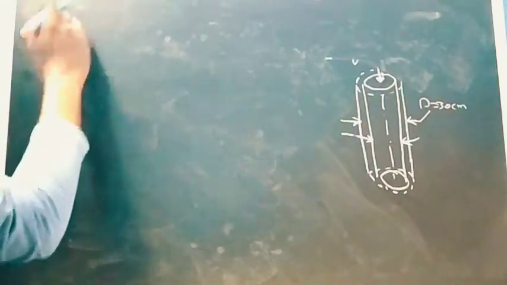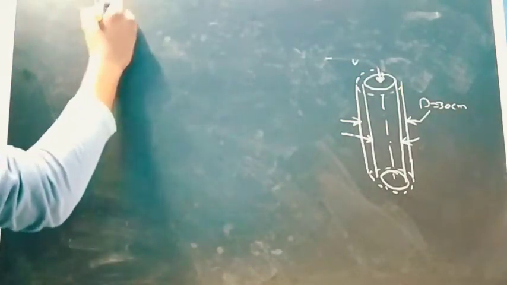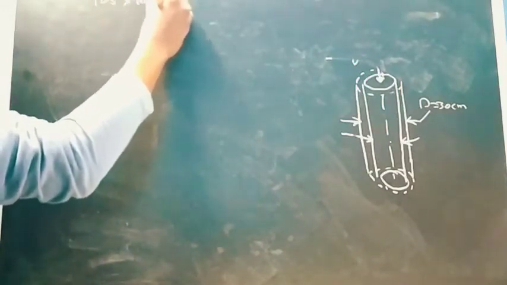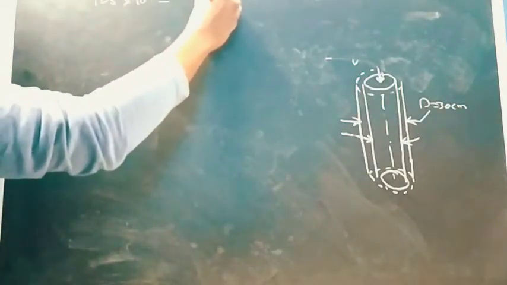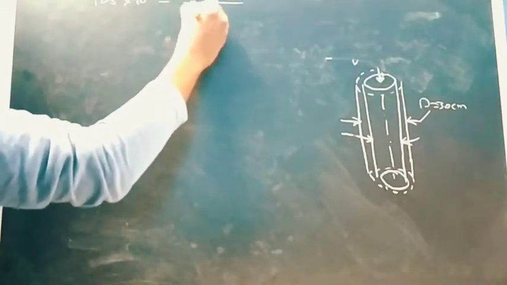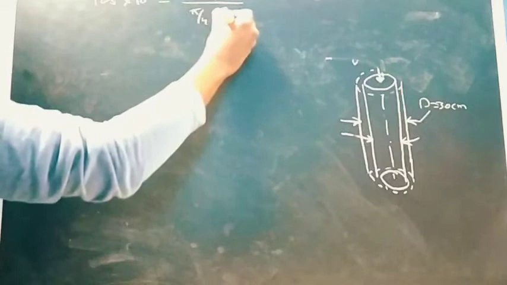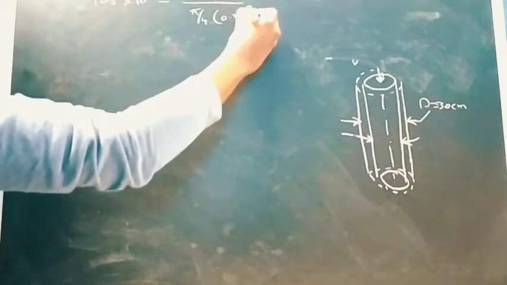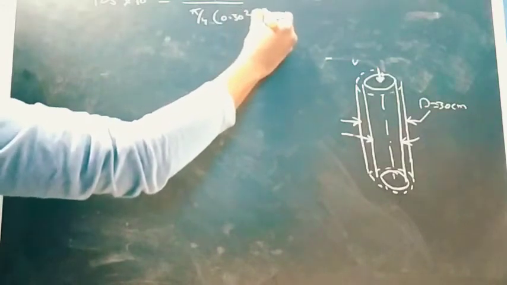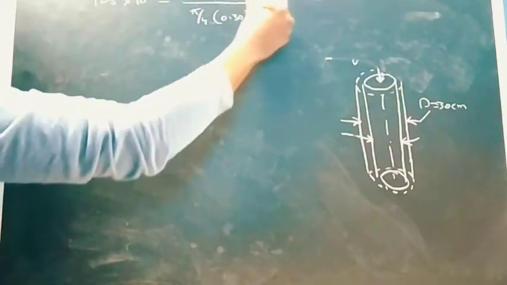So the last step is 125 into 10 to the power of 6 equals 2.1 into 10 to the power of 6 upon pi by 4 into 0.3 squared minus d square, where d square is unknown.